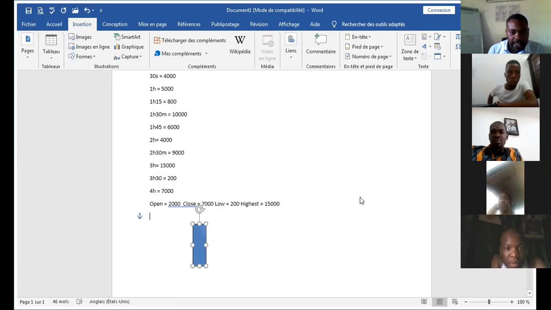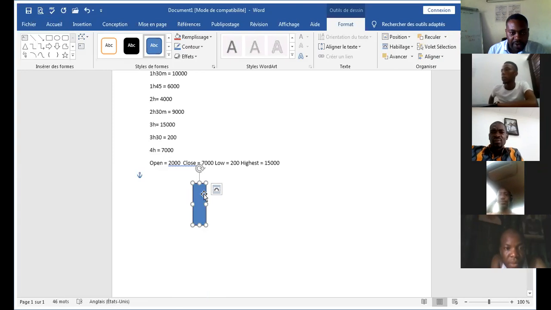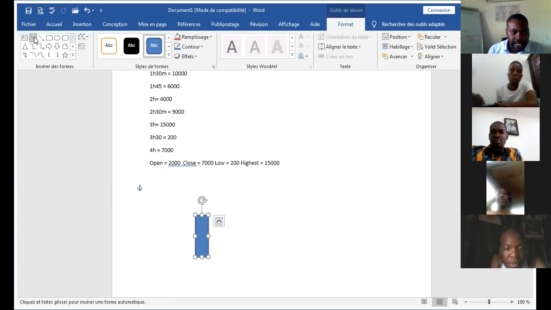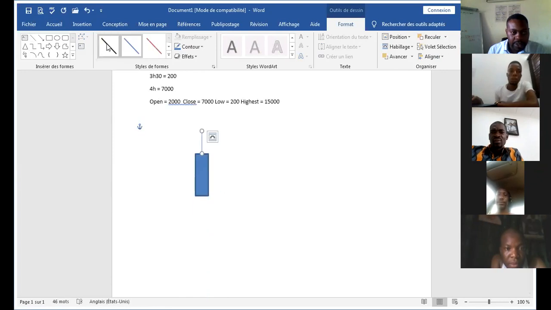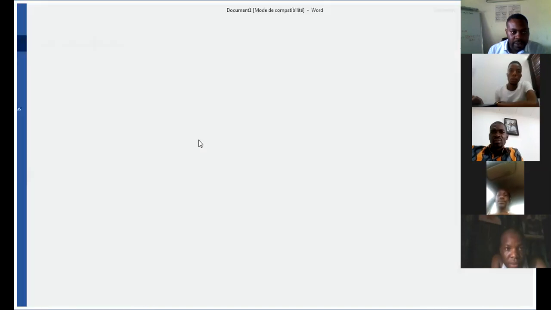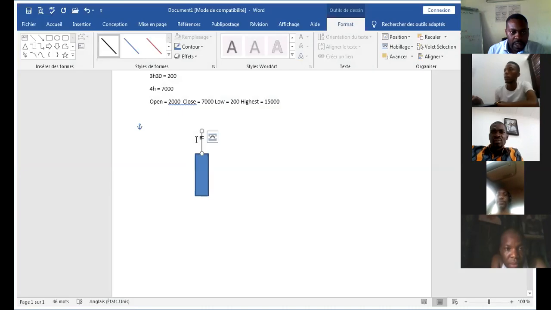Let's draw our candlestick. That is our real body. Remember, a candlestick is made up of a real body and a wick. And then we have our wick, which will just be a line. I want it to be a thick line. Then I'm going to copy and paste this line.